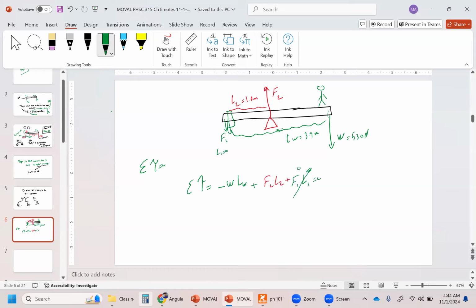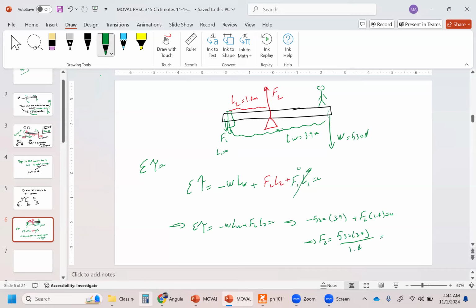So this term is going to go to 0, which means that the summation of all the torques is equal to minus W L_W plus F2 L2 equals 0. That means minus 530 times 3.9 plus F2 times 1.4 equals 0, which means F2 is going to equal 530 times 3.9 divided by 1.4.